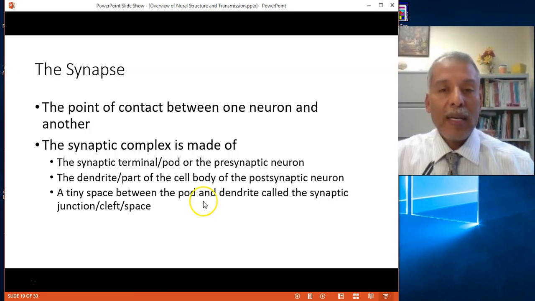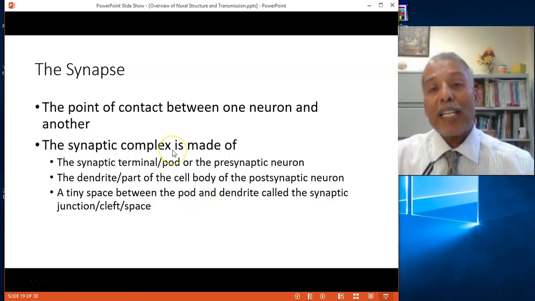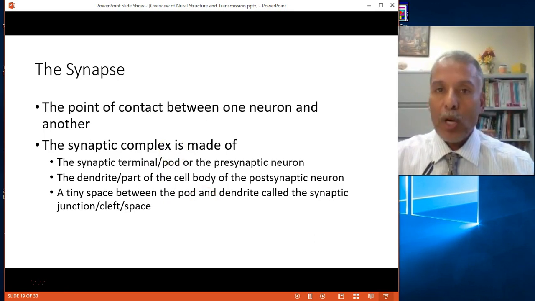So the synapse. The synapse, again, is the point of contact between one neuron and another.